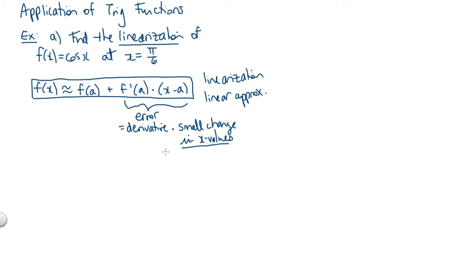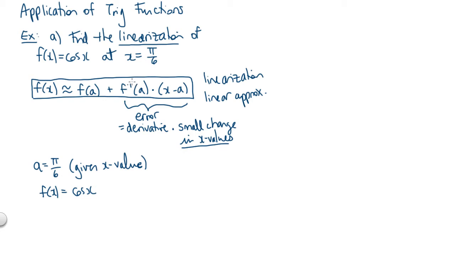Now, to get started on plugging in, first of all, the a in this formula represents a constant, and in this case, it is the x value that's given in the problem. So a equals pi over 6, that's our given x value. The function that we're working with in this problem, we were told, was cos x.